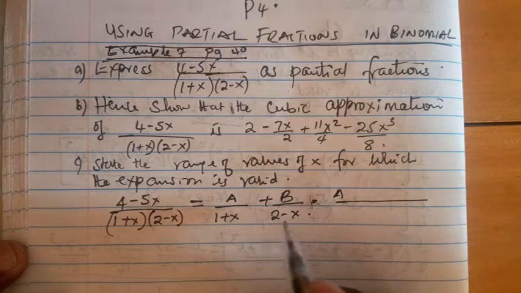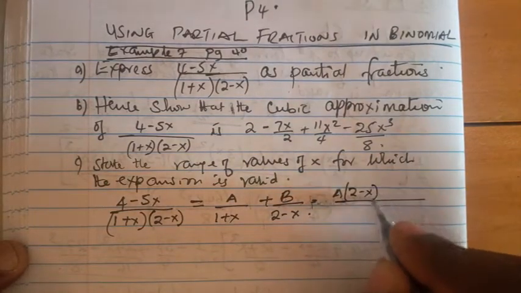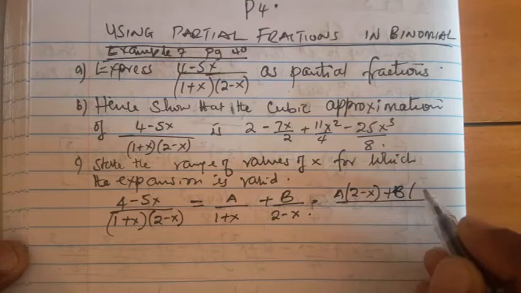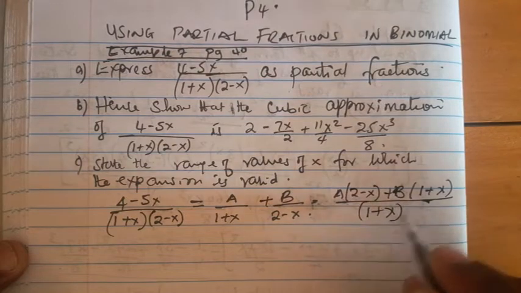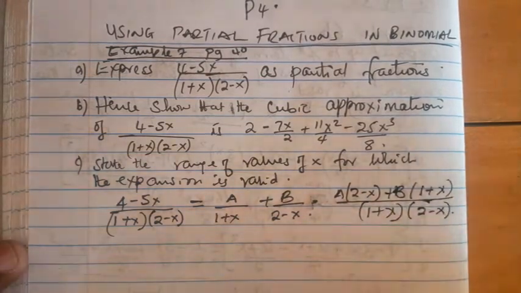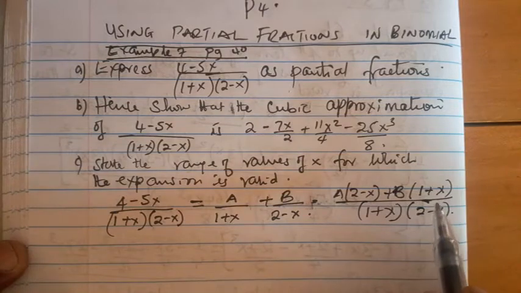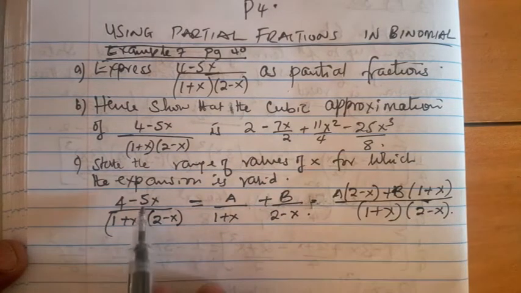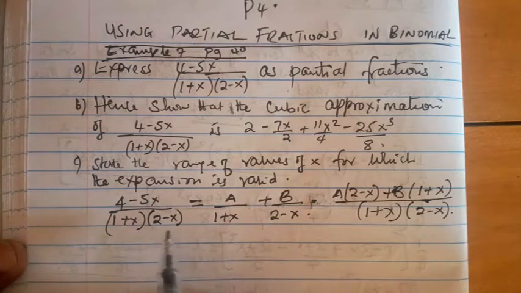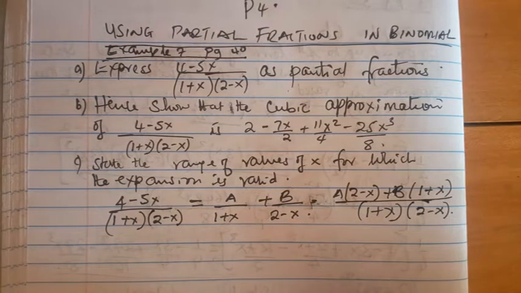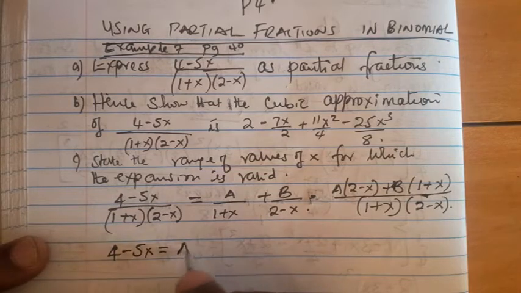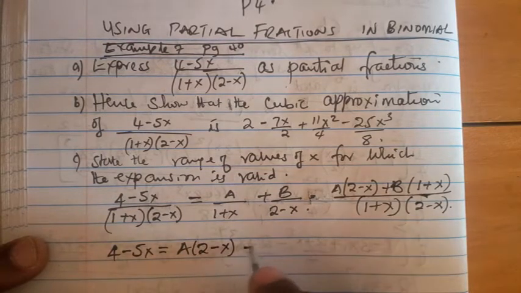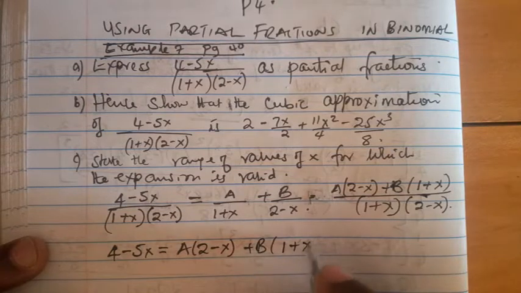So when you divide, you get A times (2 minus x) plus B times (1 plus x), all over (1 plus x)(2 minus x). So the numerator is equal to this numerator, and the denominator is the same. Therefore 4 minus 5x is equal to A(2 minus x) plus B(1 plus x).